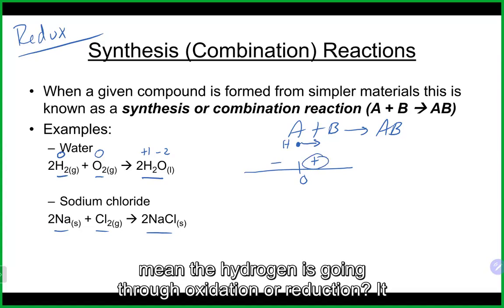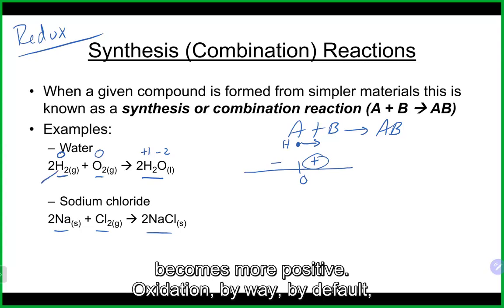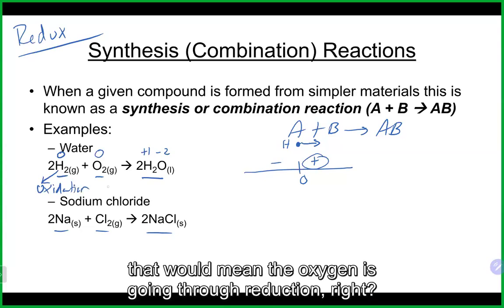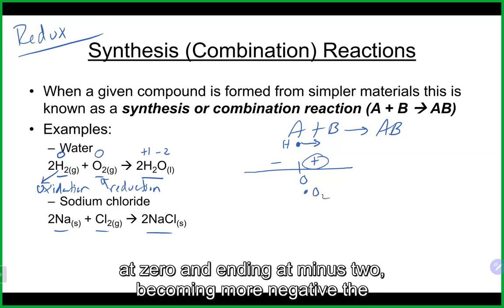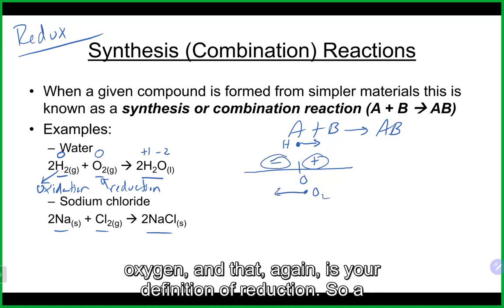That is oxidation. By default, the oxygen is going through reduction, the opposite. Oxygen starts at 0 and ends at -2, becoming more negative, and that is your definition of reduction.